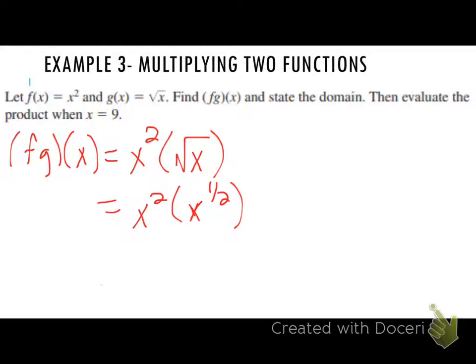Everyone see that? Now, I'm multiplying something with the same base, right? What do I do with exponents when I'm multiplying two things with the same base? Add them. So I get x to the 2 plus 1/2. So I have 2 over 1 plus 1/2. What do I need when I'm adding fractions? Common denominator. What's a good denominator here?